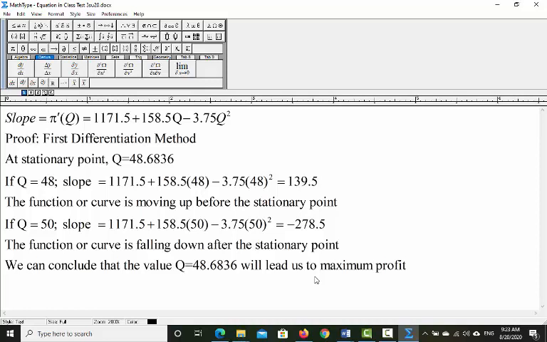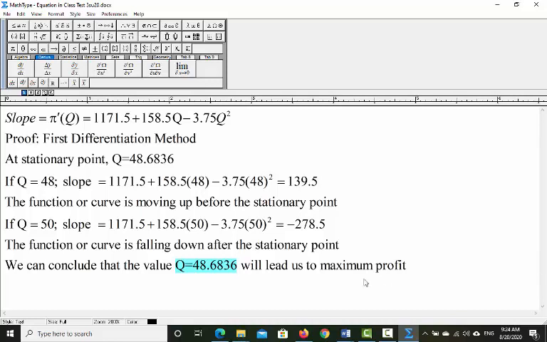So if you produce and sell this many quantities of the product, it will lead us to maximum profit. Remember, we don't have any idea about the product nor about the business.